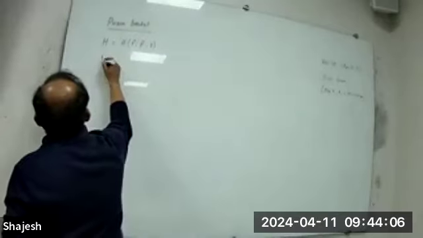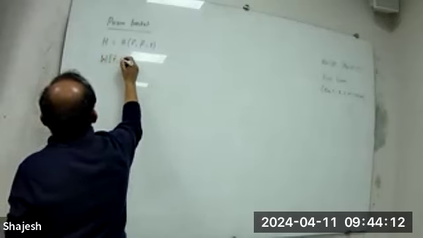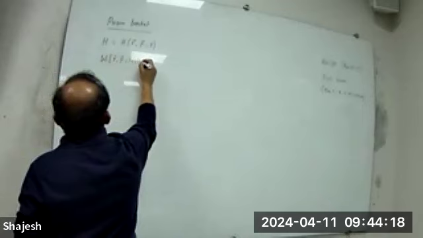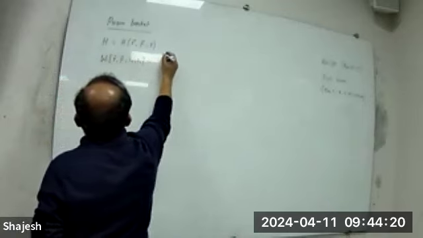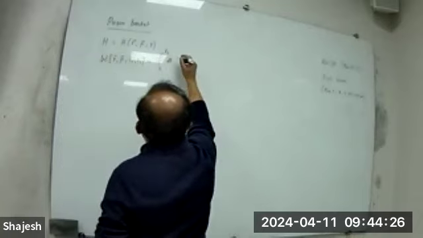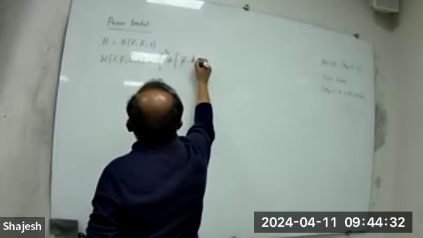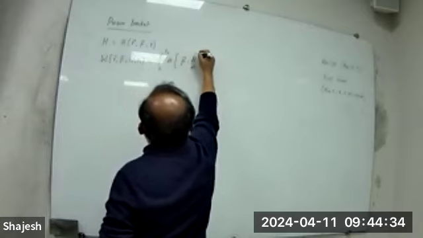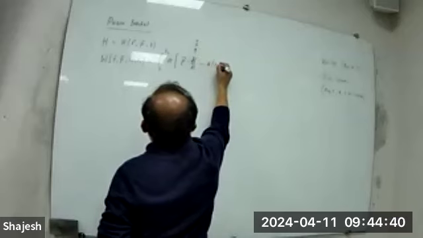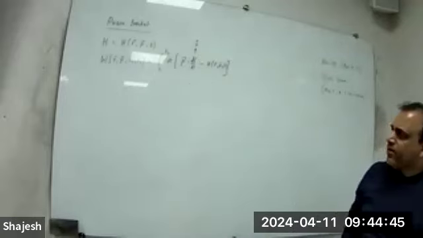The action is a functional of both position and momentum, from t1 to t2. Often we write this as p times velocity minus H. That's your action.